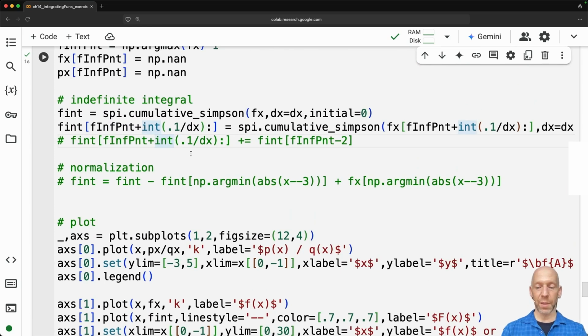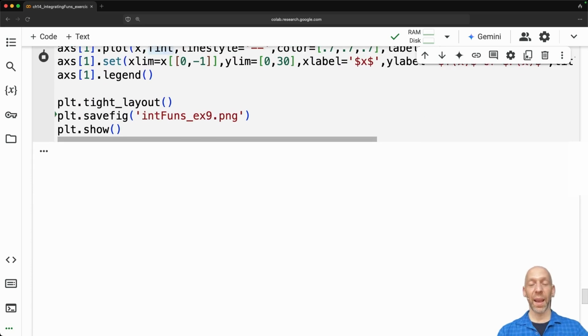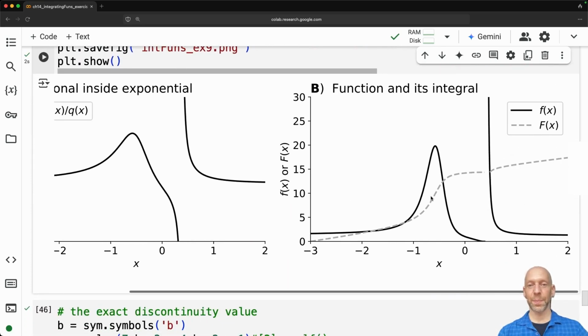And that's what I do here. So here I am shifting this part of the indefinite integral that I'm calculating here. I just shift it up to have a shift of the original part, so the first part, and then a little bit before we get this break. Okay, and that looks like this.